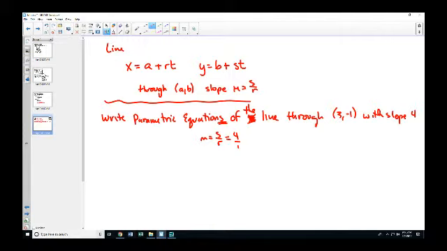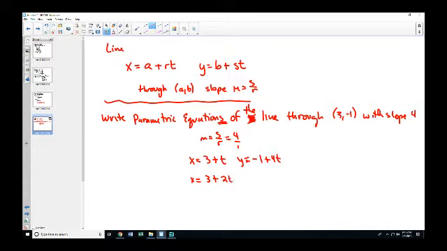What would our equation be? x equals 3 plus t, and y equals 1 plus 4t. Okay, that's one possible equation. What's another? Use 2, keep it simple.